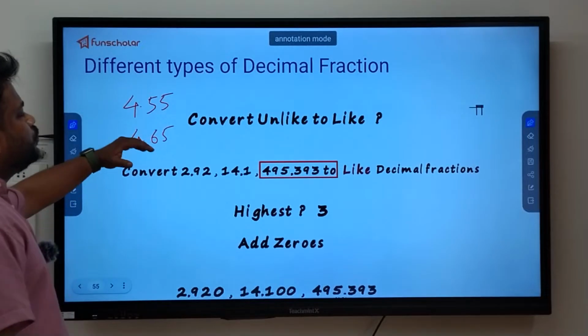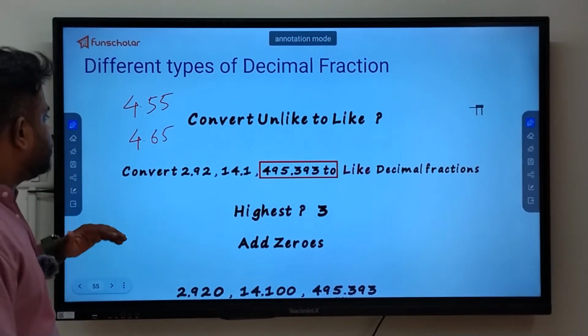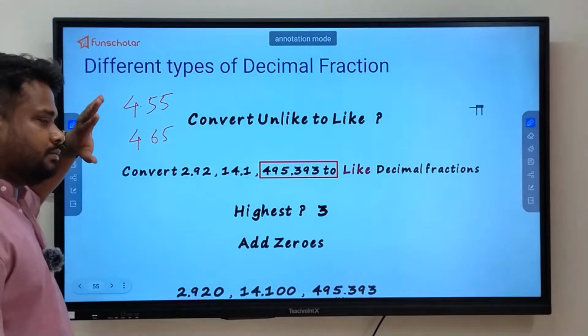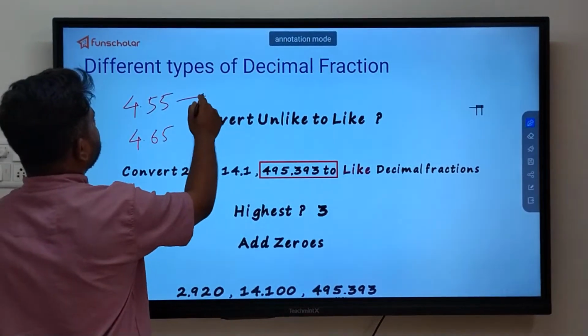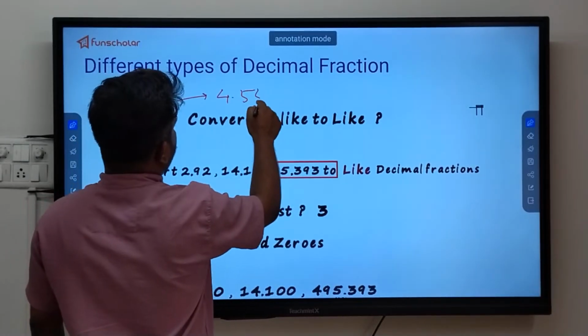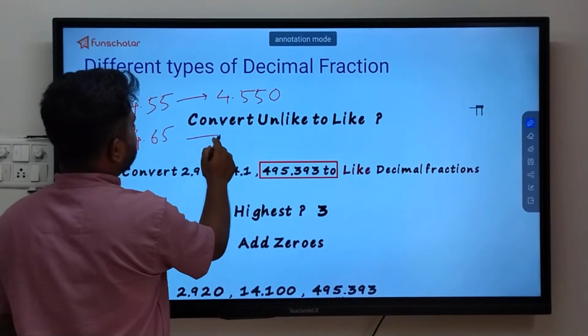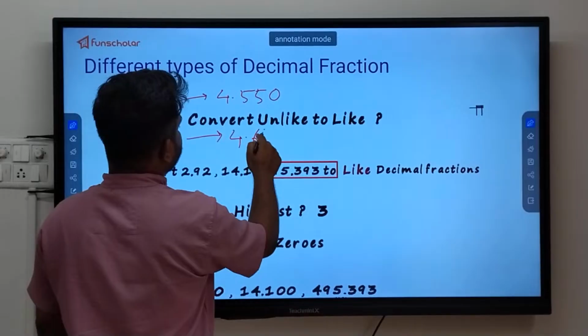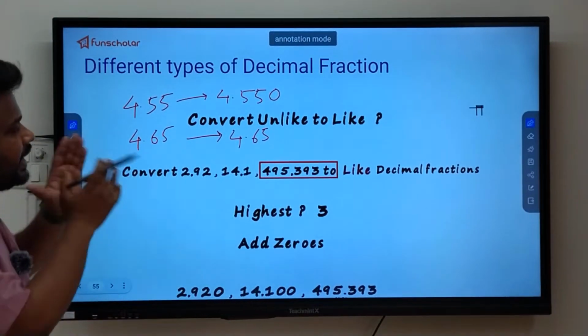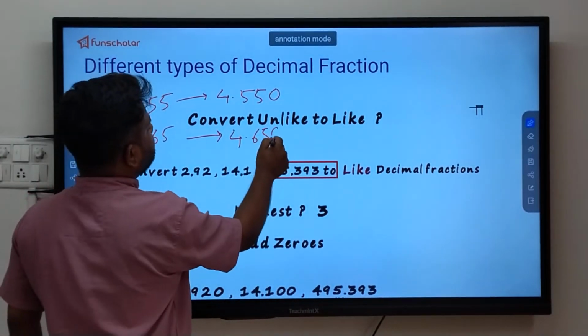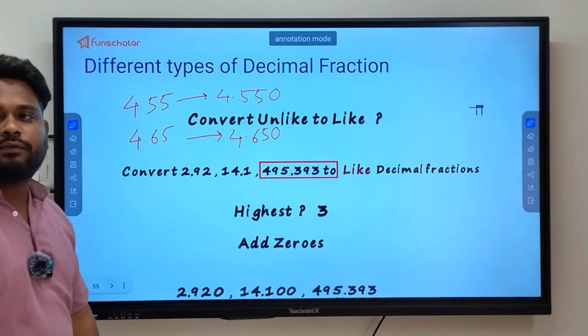If here are two decimal numbers that are already in the likely form, we can turn them unlikely by just putting a 0 after that. Now it has become unlikely. We can turn it into likely fractions again by just adding one 0 after that.